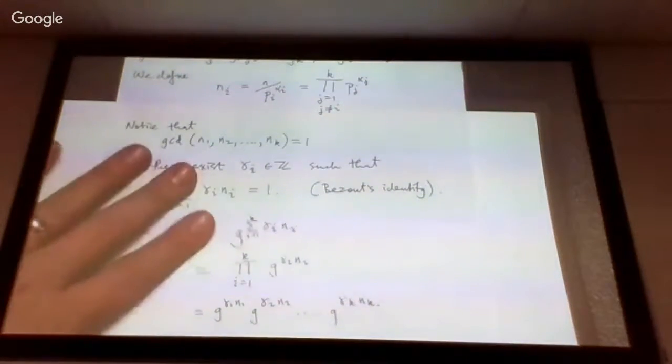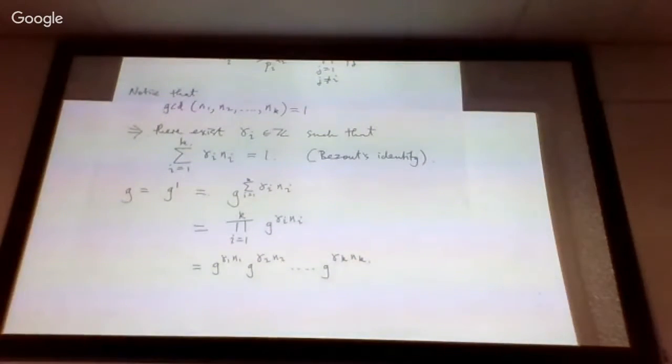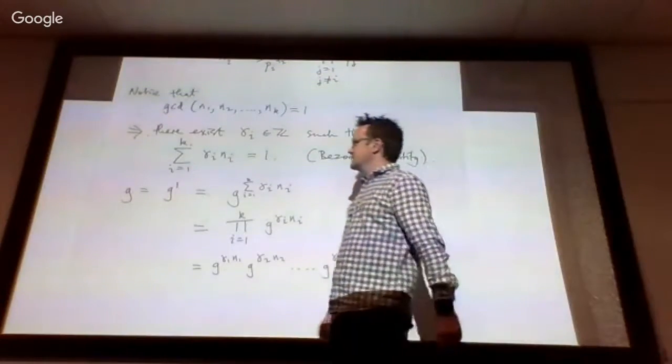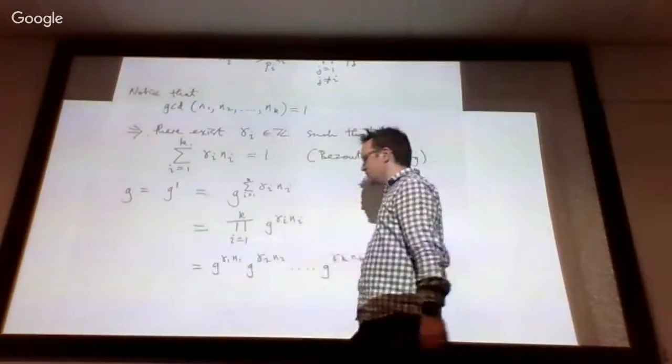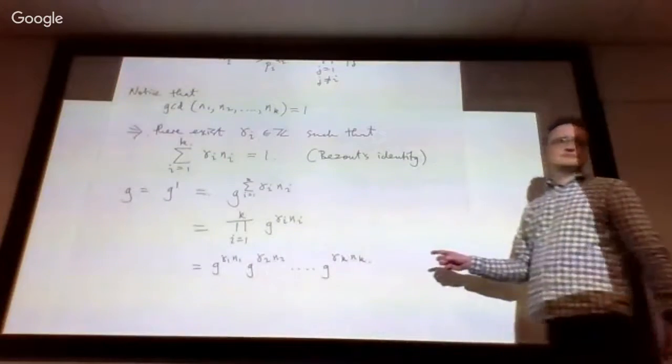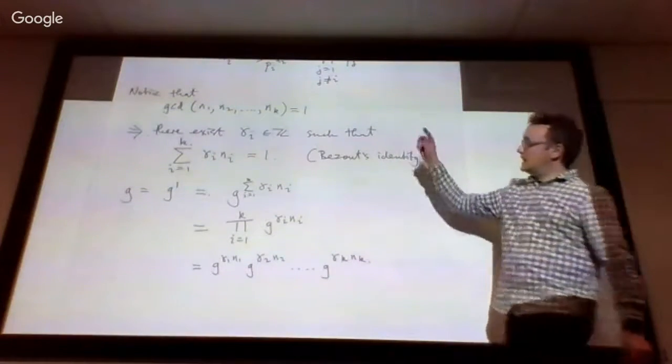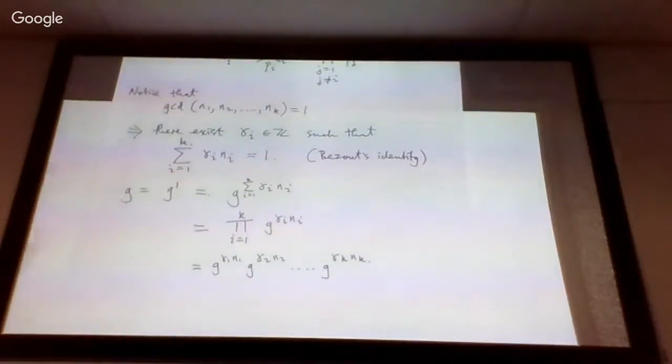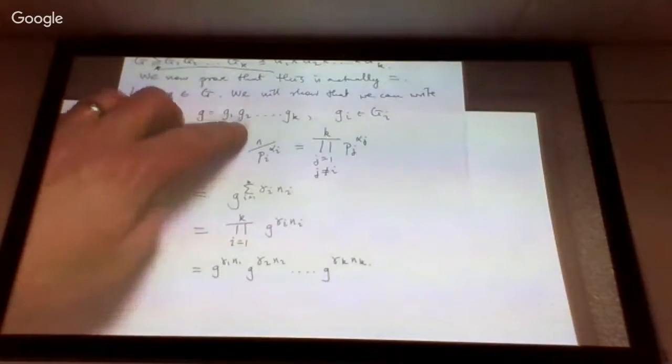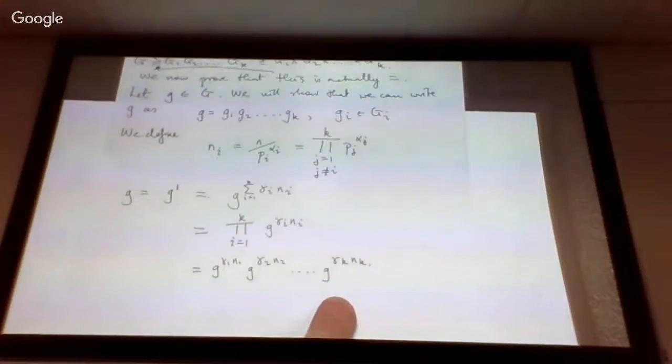This is equal to G. So we can think of G as the product of all these various powers of G, and this expression is what we're going for. This is the candidate for it.